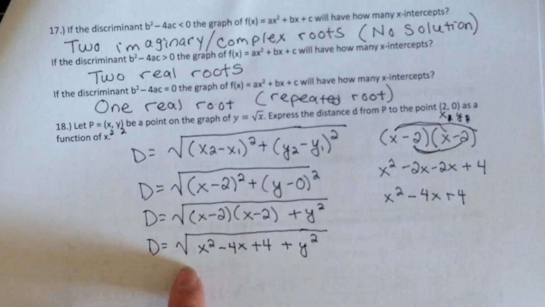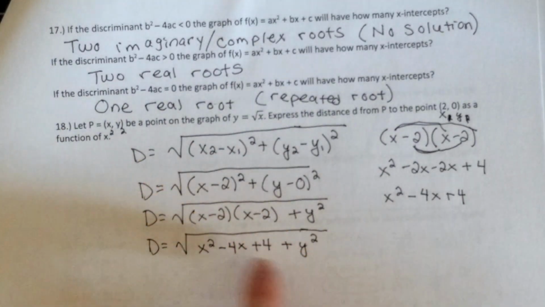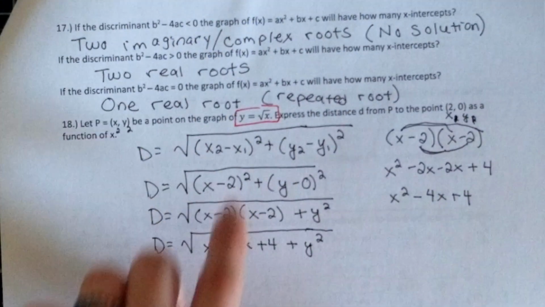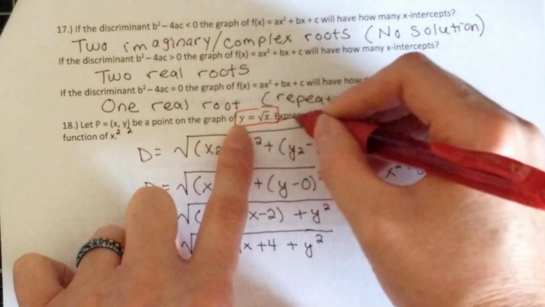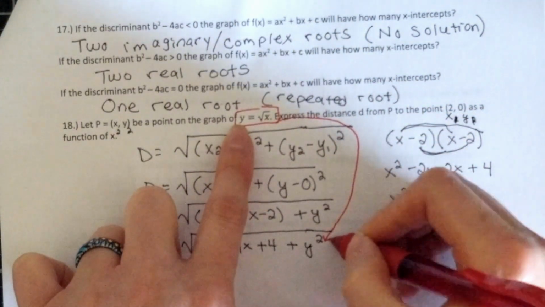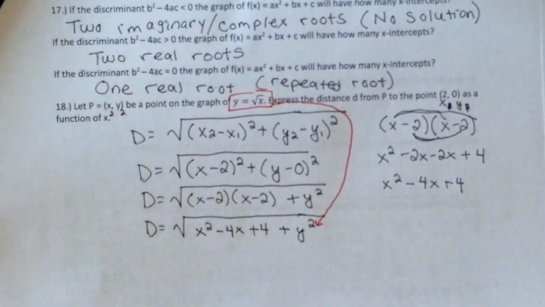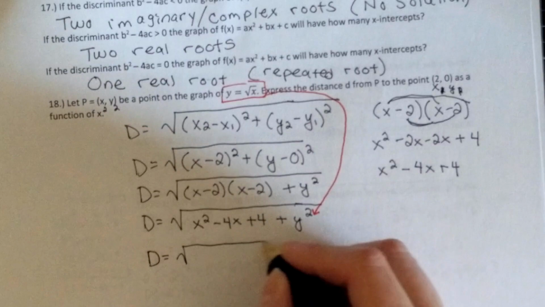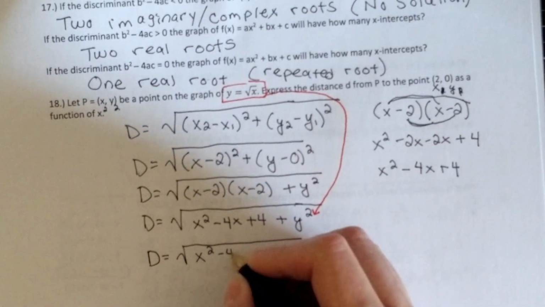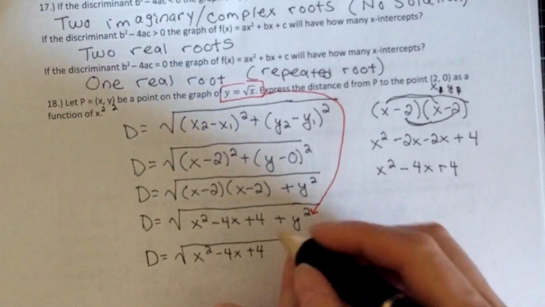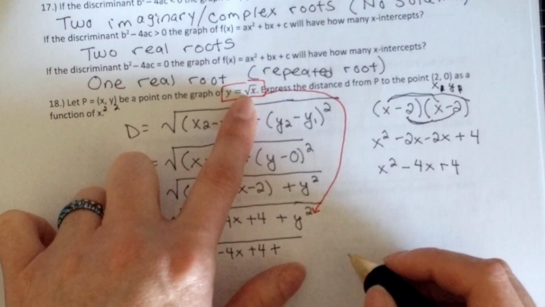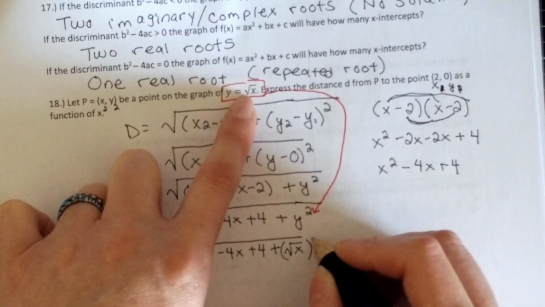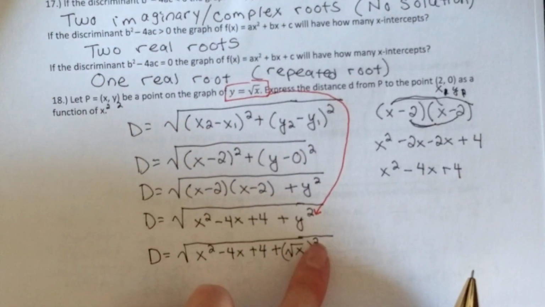Now we want to get this where there's all x's instead of having a y. If you read right here, it tells me y equals the square root of x, so I'm going to take that and plug it in. I get the distance equals the square root of x squared minus 4x plus 4, and instead of y squared, I am going to plug in the square root of x for y, and that is still getting squared because that little 2 didn't go anywhere.